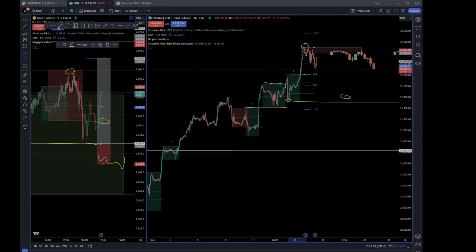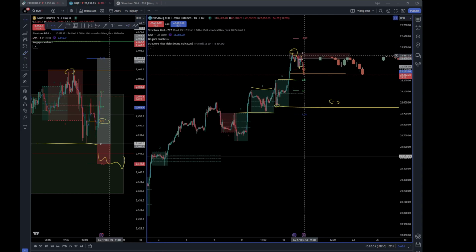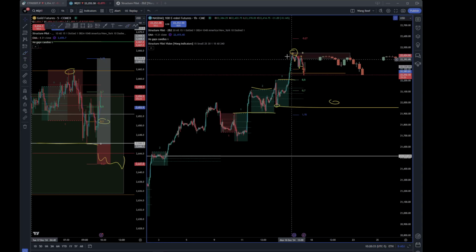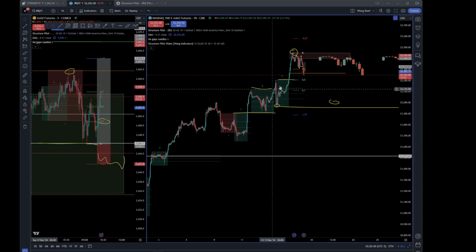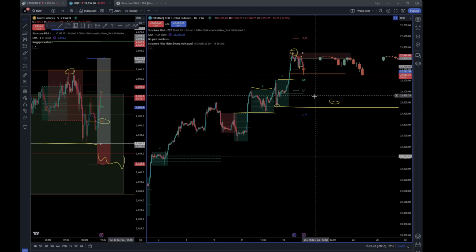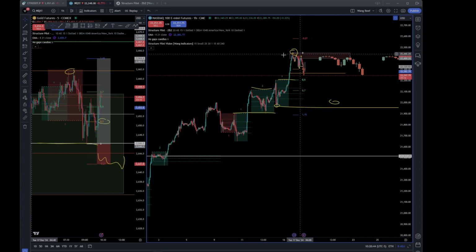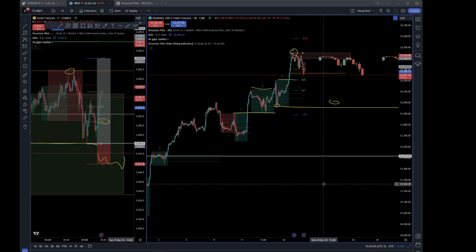That's why I could have been in that short based on the swing count on the 1 hour. And then again, I don't really trade this high of a time frame, but it gives me an idea of where we are in price, which is important.